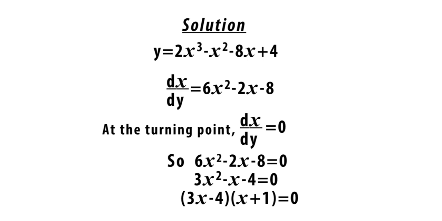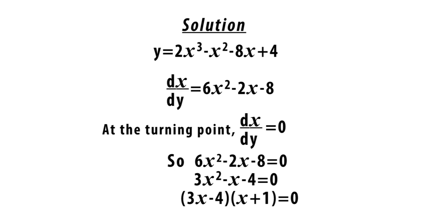We'll differentiate this to get 6x squared minus 2x minus 8. So dy dx is equal to 6x squared minus 2x minus 8. But at the turning point, dy dx is equal to 0. So 6x squared minus 2x minus 8 is equal to 0.